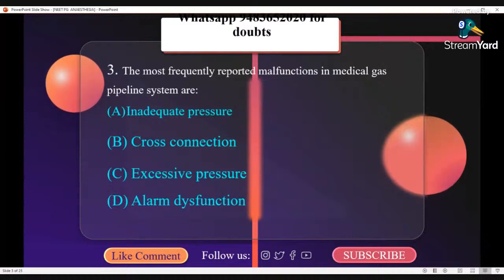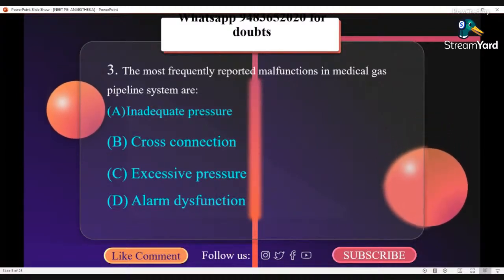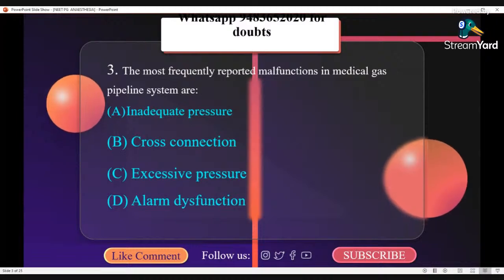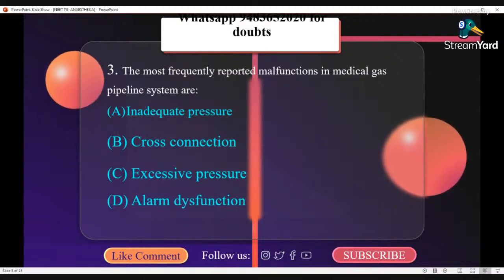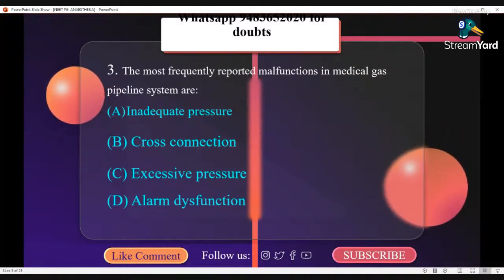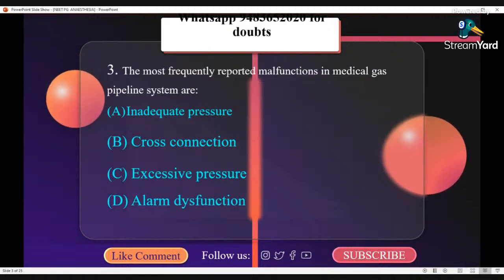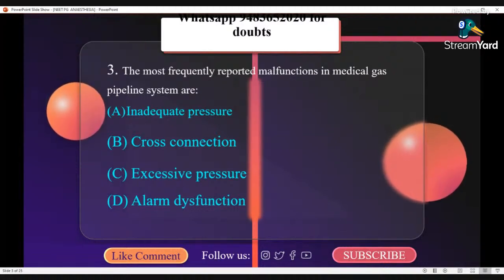There is inadequate pressure. It is the most commonly reported problem. Damage during construction projects, fire can occur, theft of N2O tanks. Environmental factors like earthquake and lightning can damage. Depletion of central supply, human error.